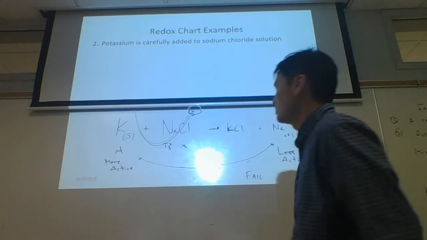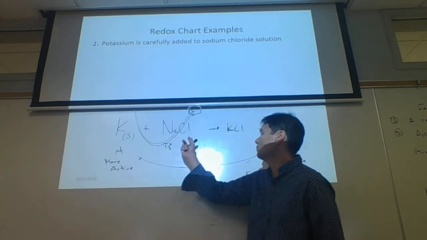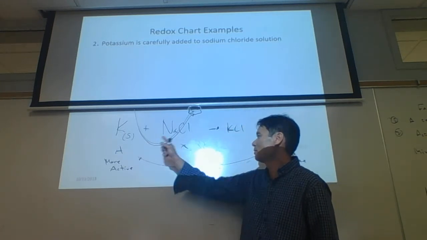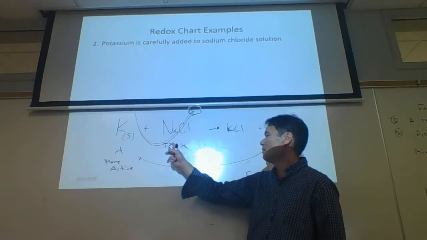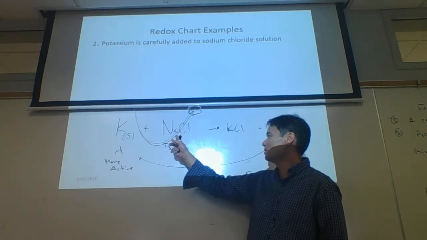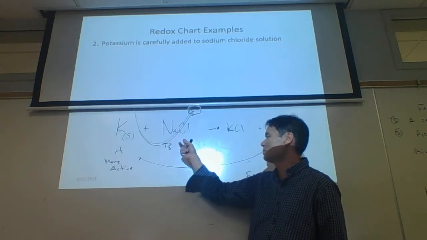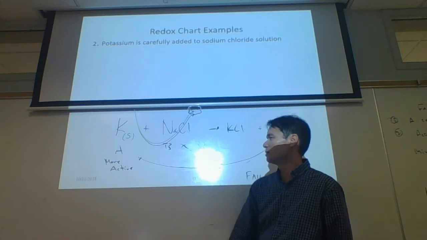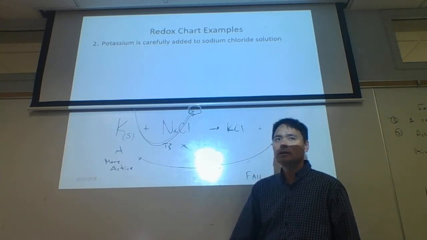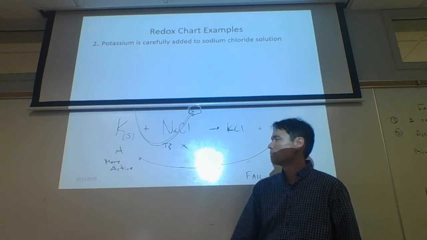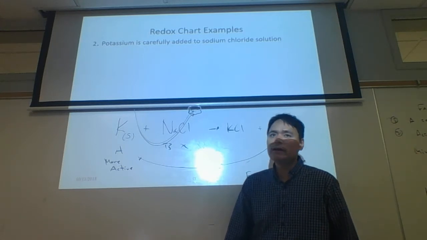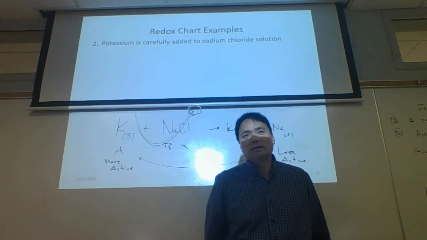The strongest reducer present, well, I have potassium and chloride. Potassium is way better than chloride. And then I have sodium as my oxidizer, and chloride's not even an oxidizer. And so this looks like it should work. But it failed. Do you know why it failed?